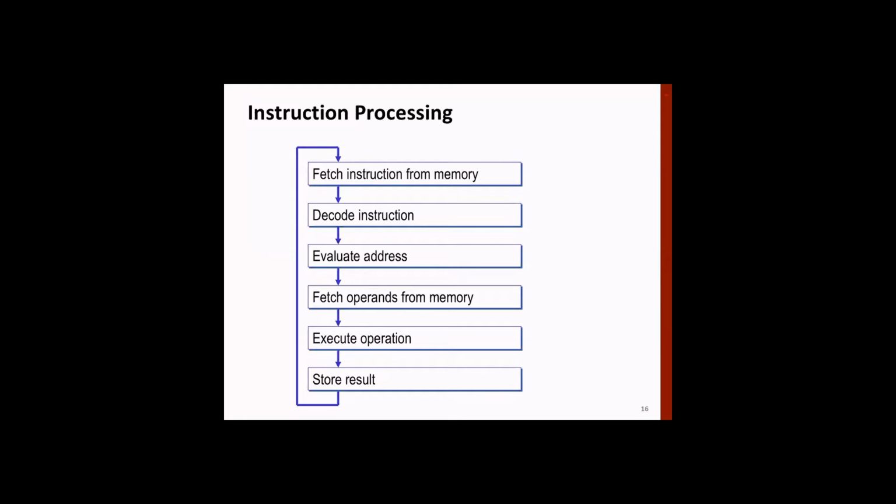We'll discuss that. But if we have these, then we can say that the instruction will execute. Now it is the responsibility of the control unit to do these activities, because the control unit is responsible for complete execution of an instruction.